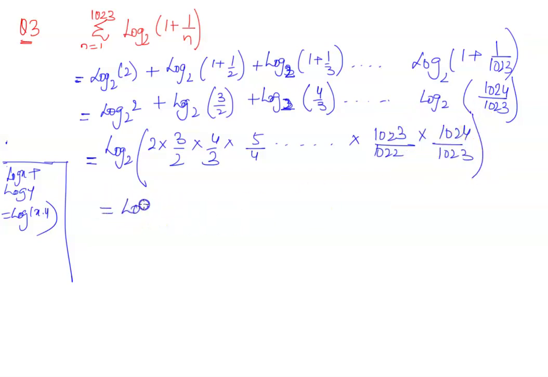So what is this? Log 2. This will cancel out, this will cancel out, and so on, and this will get me 1024.